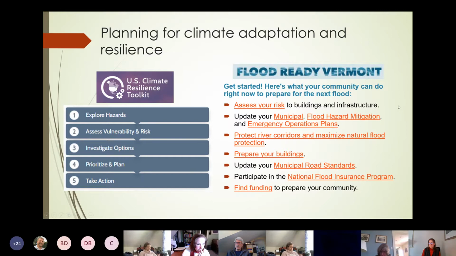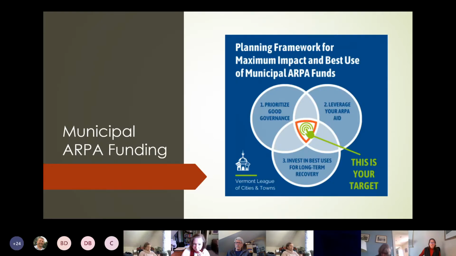So I do want to just point folks quickly to thinking about ARPA funding. I am not an expert in ARPA, so I won't dive into this too much, but we really are at a unique junction right now where there's a lot of money in the state. A lot of the funding that's available to municipalities with ARPA does not have many strings attached in what it can be used for.